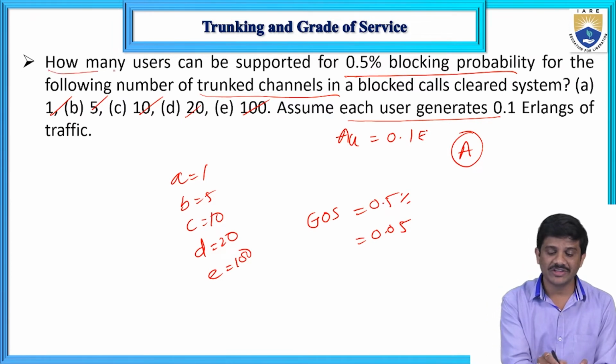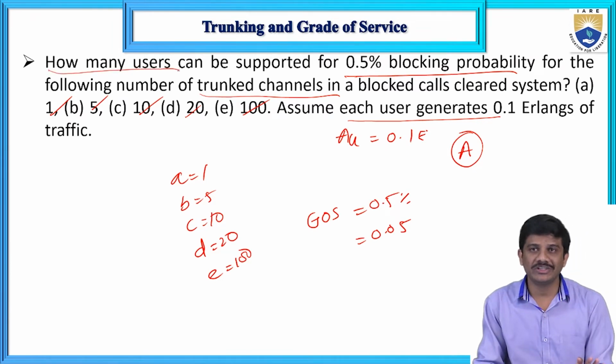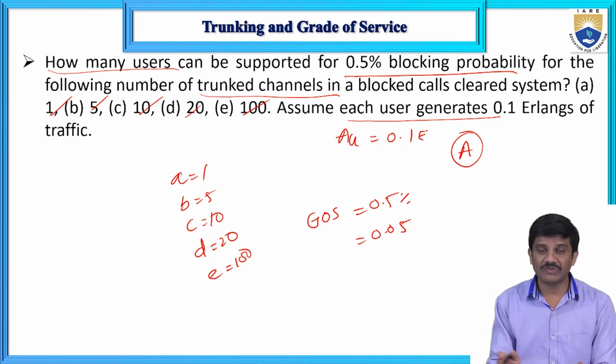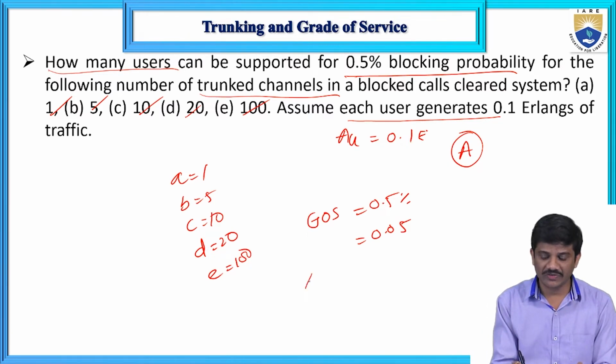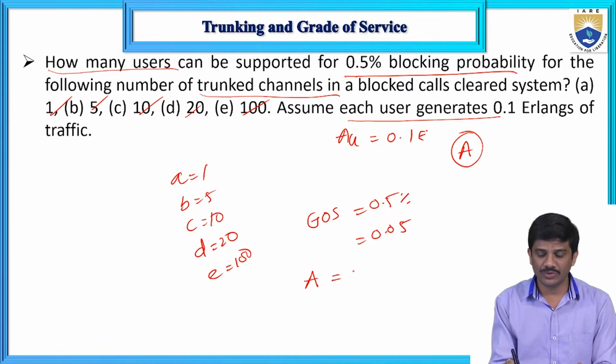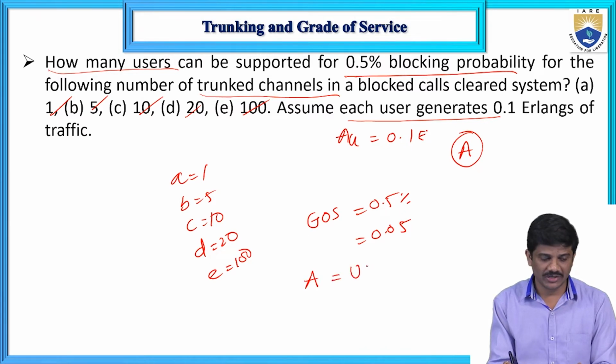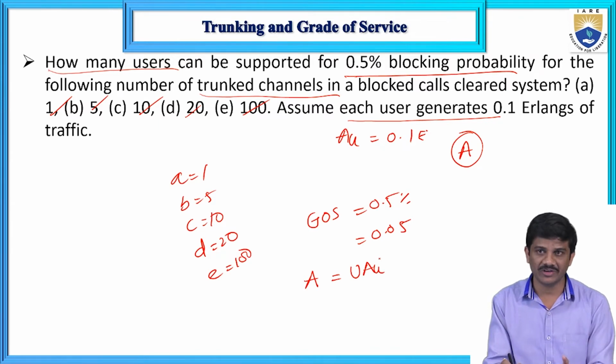Actually, what they are asking in the question is how many users can be supported for 0.5% blocking probability. Then what is the formula? We know that A equal to U into AU, as in the previous problem. Then U equal to A by AU.